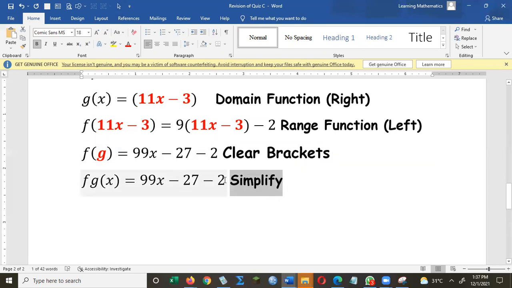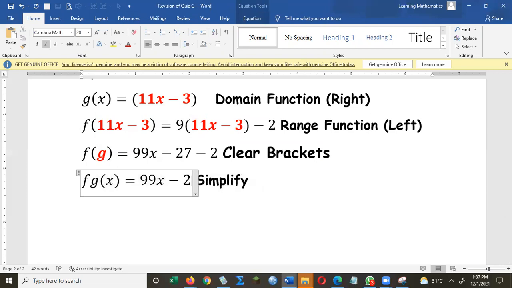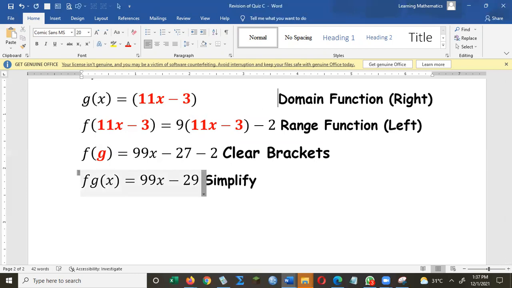Minus 27 minus 2 is minus 29. Okay. First step process: domain function, range function, clear brackets, and simplify.